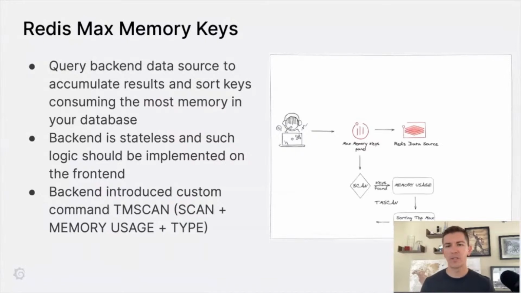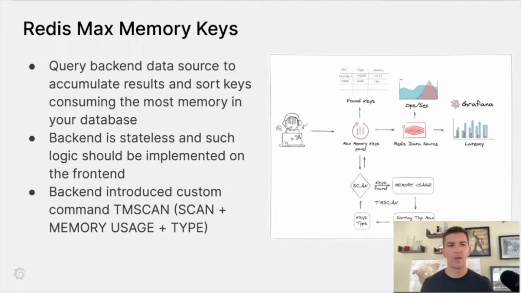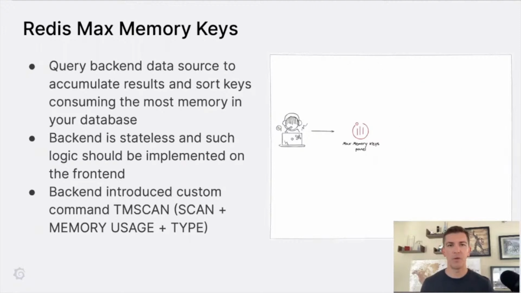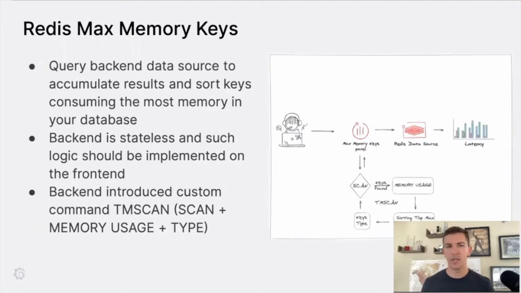To find the biggest keys in your database, you have to scan through the key space in Redis. To do that, we created the Redis Max Memory Keys panel, which queries the backend data source to accumulate results and sort the keys that consume the most memory in your database. The backend part of the data source is stateless, and such logic has to be implemented on the front end.